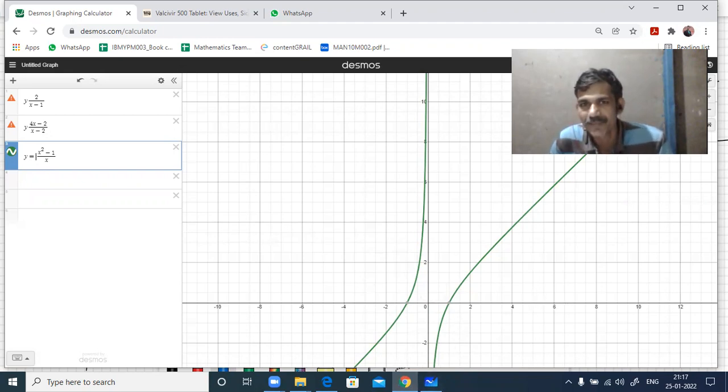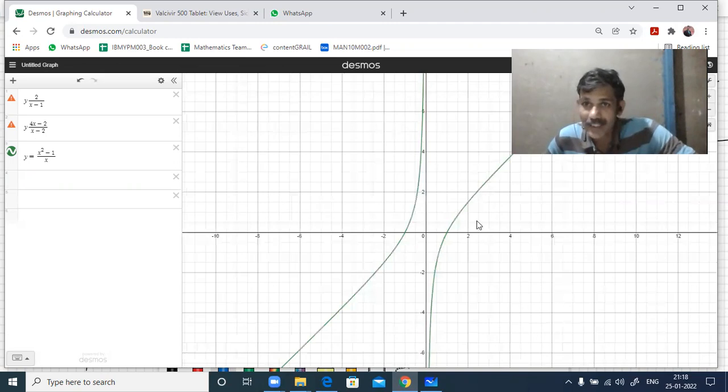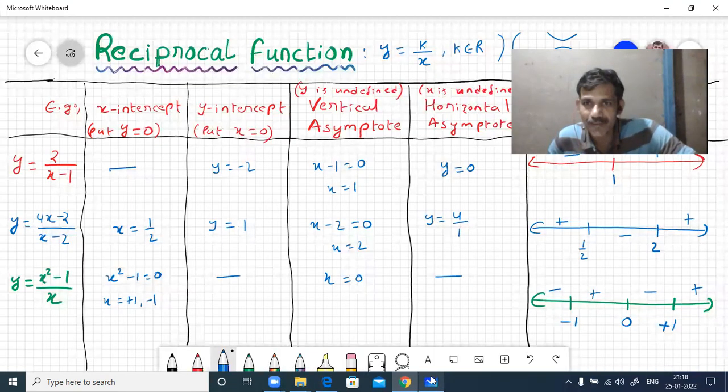Based on the sign, it is positive beyond 1, between proper fractions 0 and 1 it is negative, and for negative fractions between minus 1 and 0 it is positive. After minus 1, the curve is negative, minus sign. So the predictions we have done from the sign graph are correct.